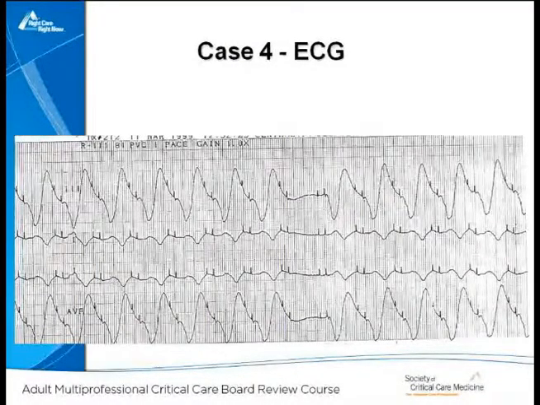And the tracing most likely represents ventricular lead fracture, electrolyte imbalance of some type, pacemaker battery depletion, ventricular oversensing, or digoxin toxicity. And in this one, I think we can start the clock.